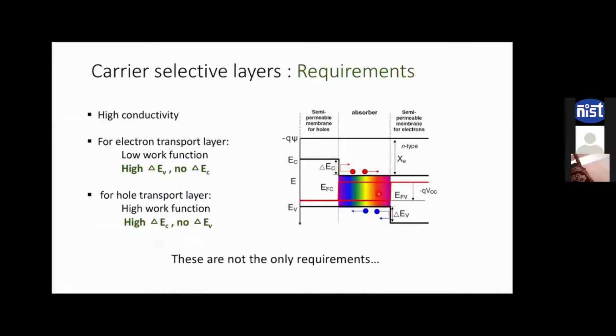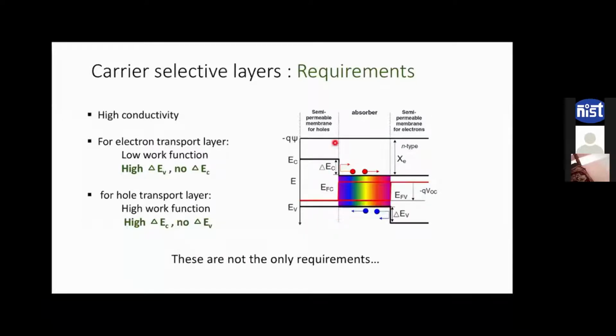Whenever this hole transport layer on the left hand side is there, the holes that should flow to it see no barrier for their flow, right?